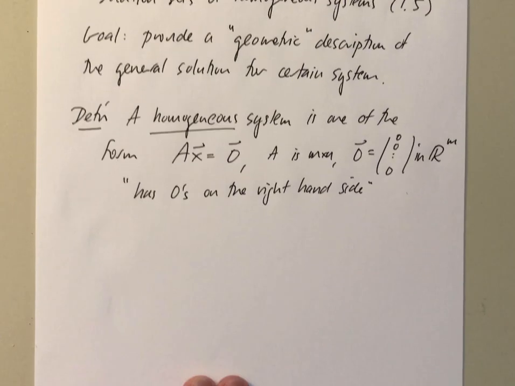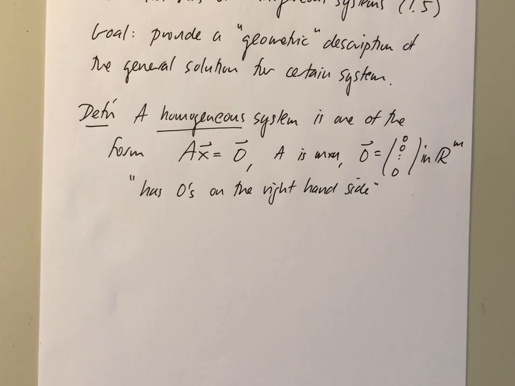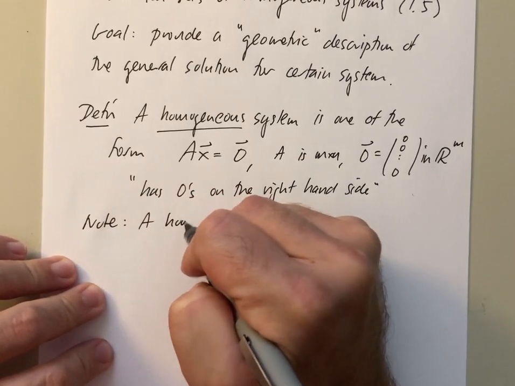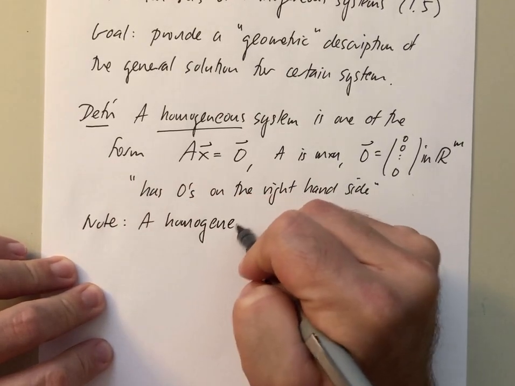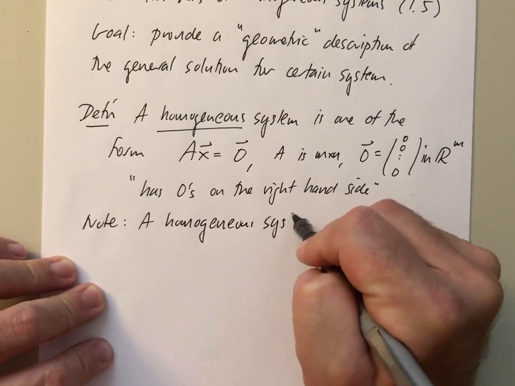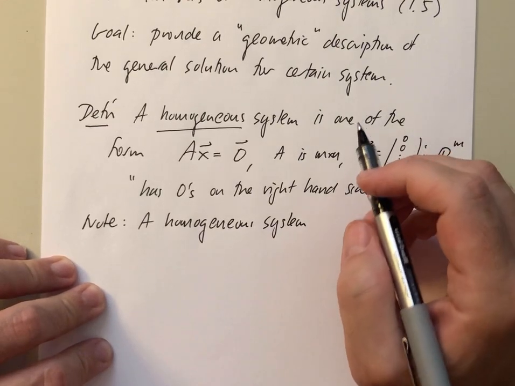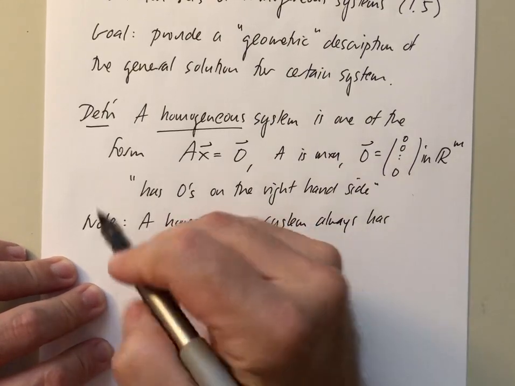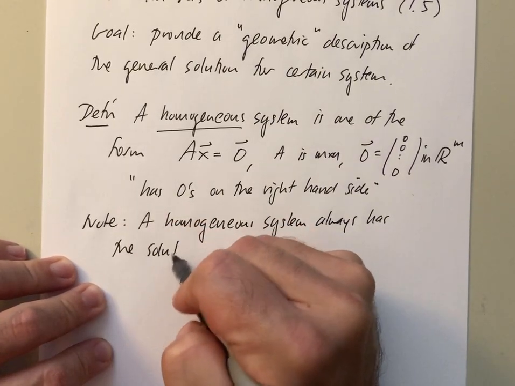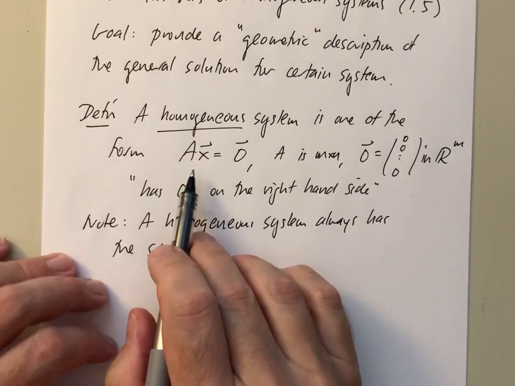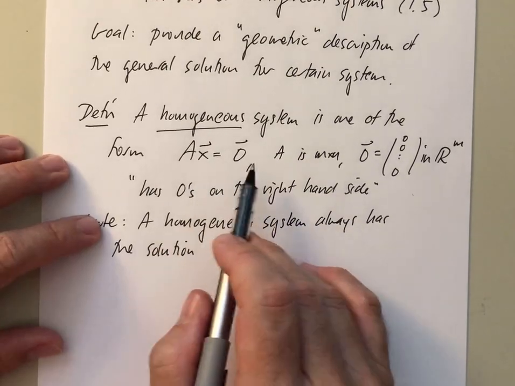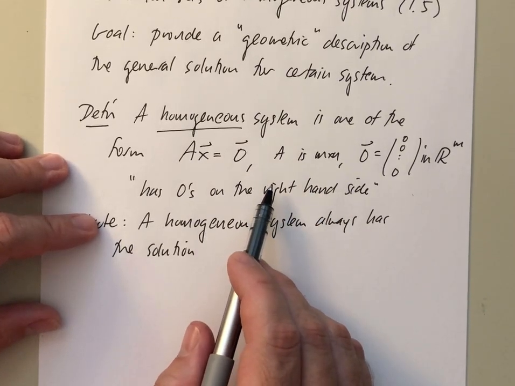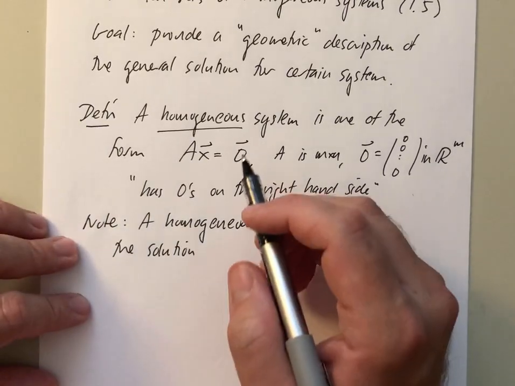Now, what's interesting about homogeneous systems, or why they're special, is this important fact: a homogeneous system always is consistent. It always has a certain solution. Think about this in terms of equations. What's a choice for the variables x1, x2 up through xn that always works? Well, if the right-hand side is equal to 0, then I can always plug in everything equals 0.